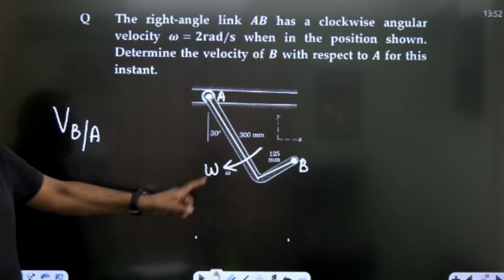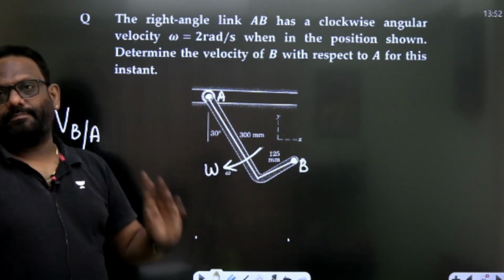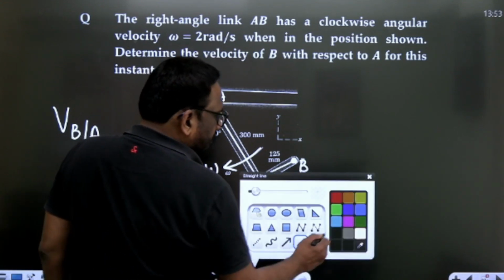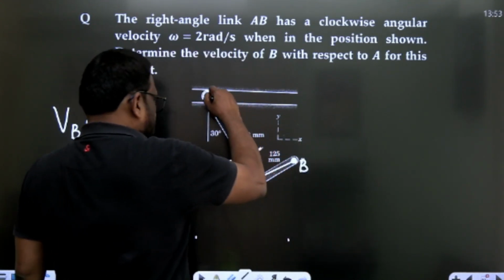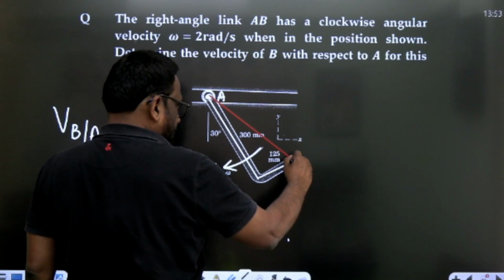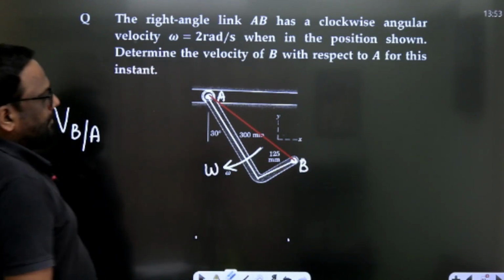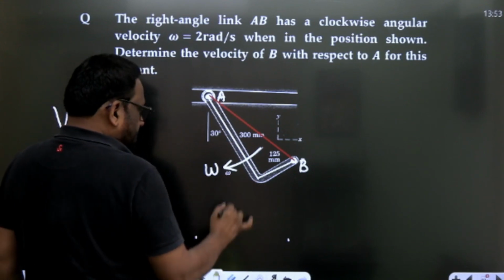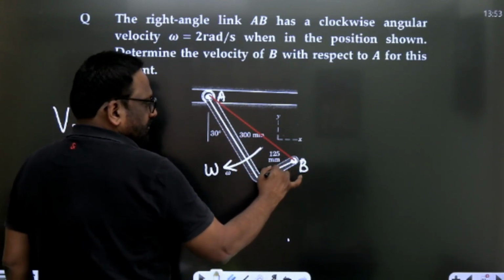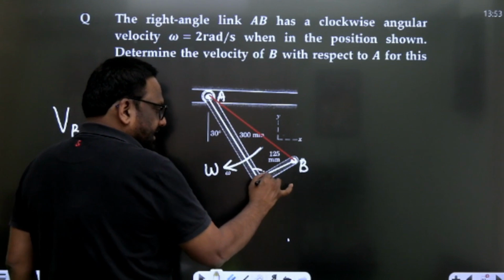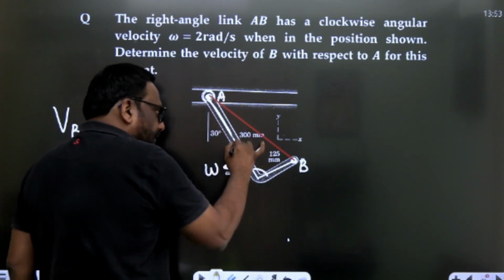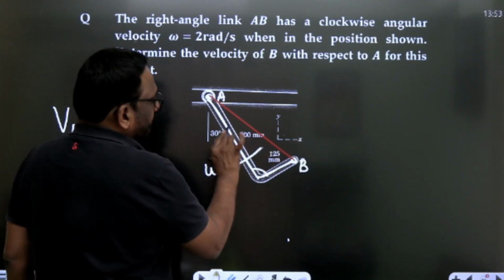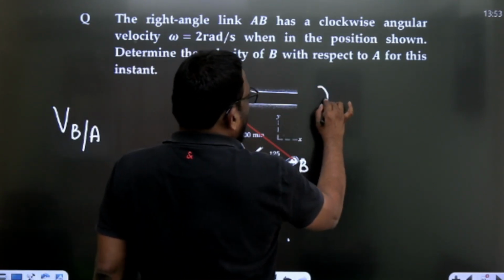I want the relative velocity of B with respect to A. क्या करेंगे सर? पहले आप BA का distance calculate करो सर. Yes. Let me calculate the distance. So this is 300, this is 125 and it is 90 degrees. So under root of this square plus this square will be equal to this square. So let me calculate the AB distance.